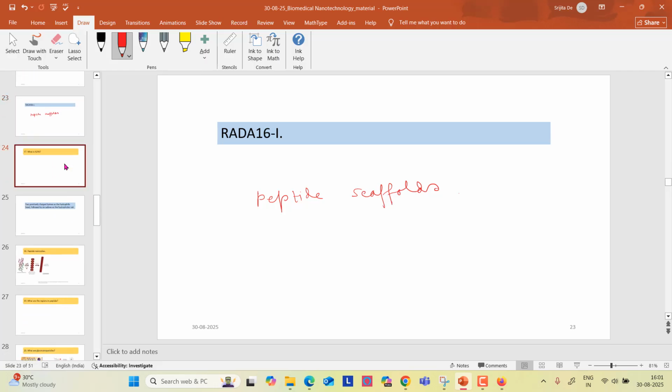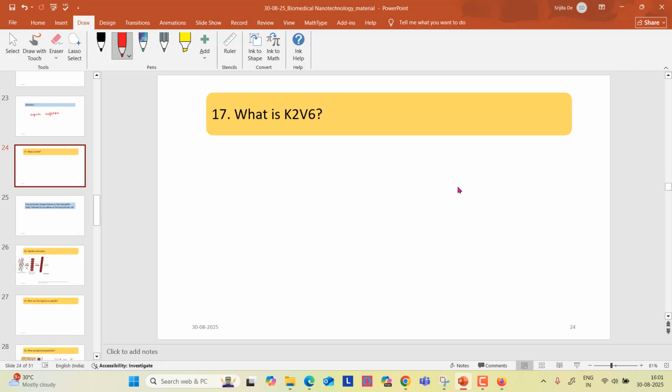Next question is, what is K2V6? In the peptide Lego you will find the structure K2V6. What does that mean?